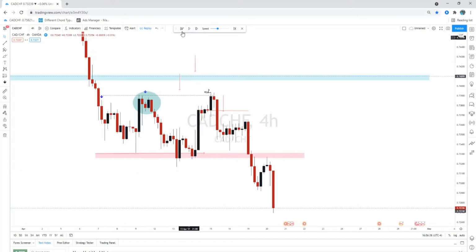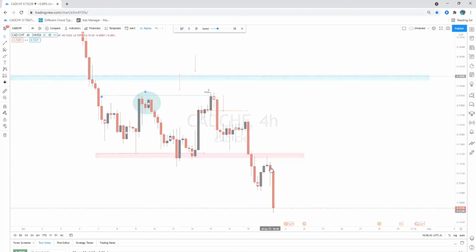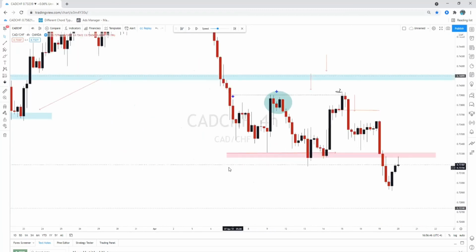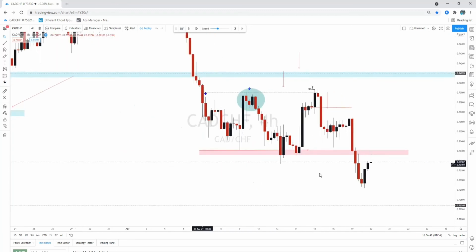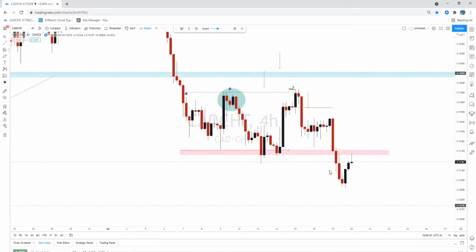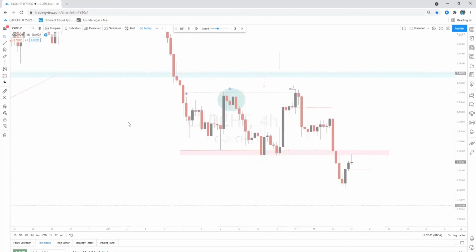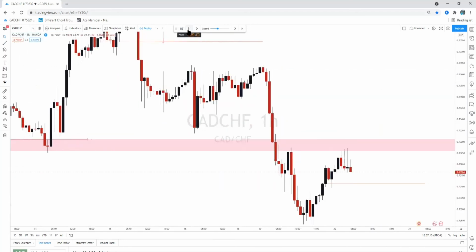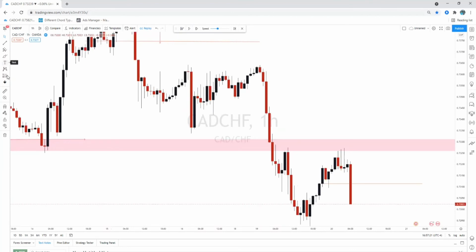So yeah, that's what I'm talking about. I'm going to go back to this. So we got our retest, and we are supposed to be looking for a break below this level right here on the lower time frame, after you got a breakout with a closed candlestick.